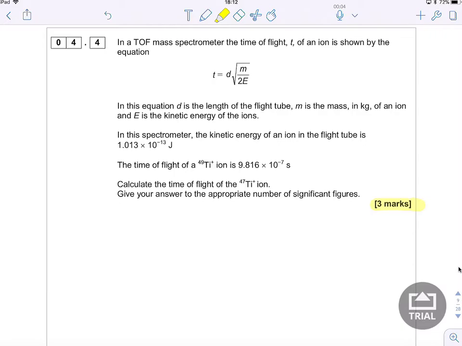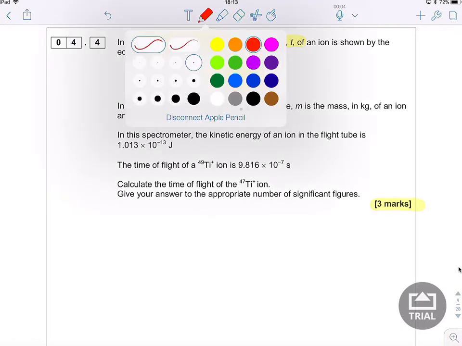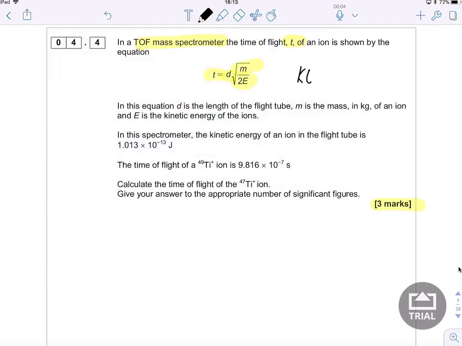So you get an equation. So the time of flight mass spectrometer, the time of flight t of an ion is shown by the equation t equals d multiplied by the square root of m over 2E. Okay, so that's come from a combination of the kinetic energy equation, kinetic energy is equal to half mv squared, and the velocity distance time equation.